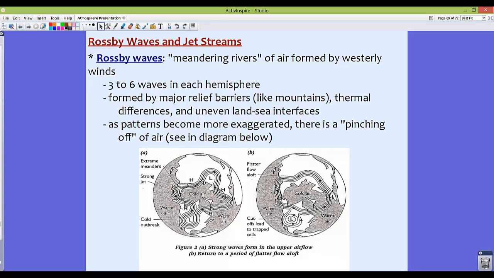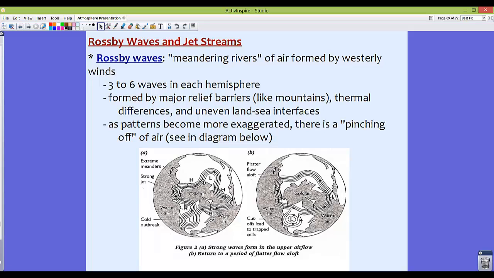So with Rossby waves, we see these bands or these waves of movement, of air movement kind of going around the globe. Now what's going to start to happen is, depending upon where these bands are moving, either over lands, mountains, maybe we have thermal differences, these bands will sort of look like what A is doing. We're going to start to see these extreme meanders that kind of go through.